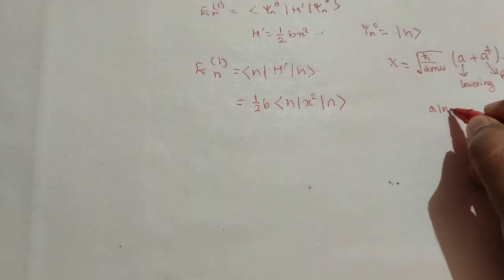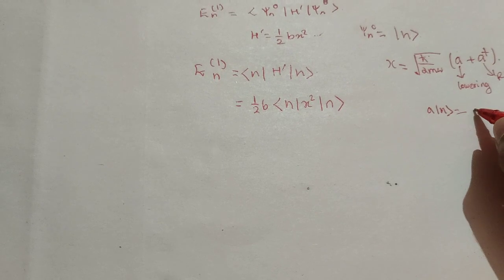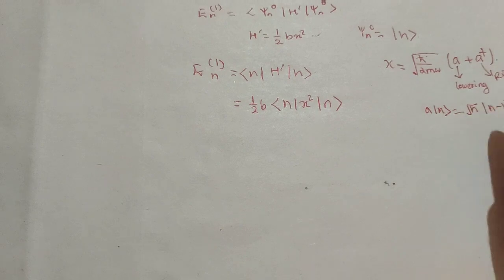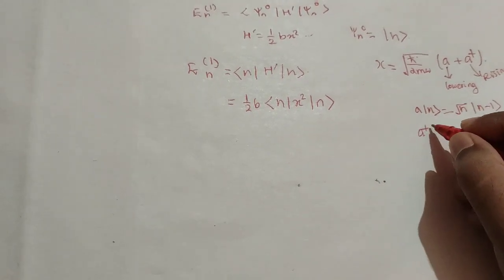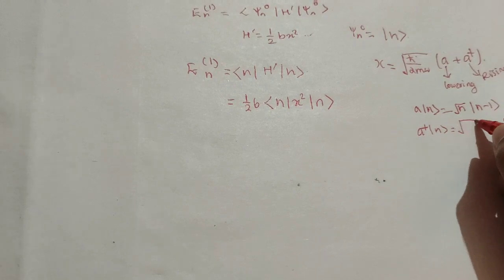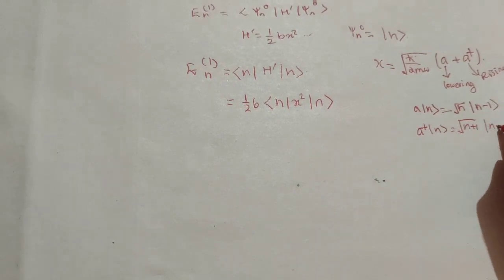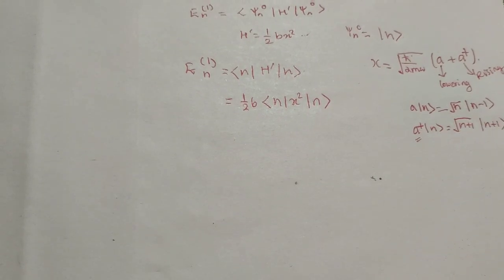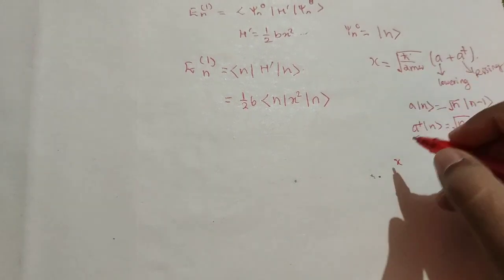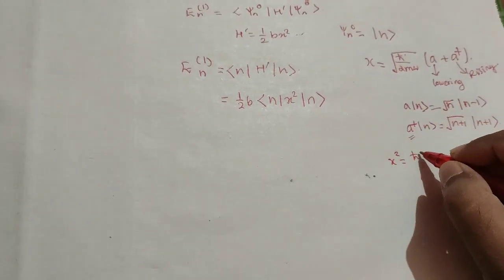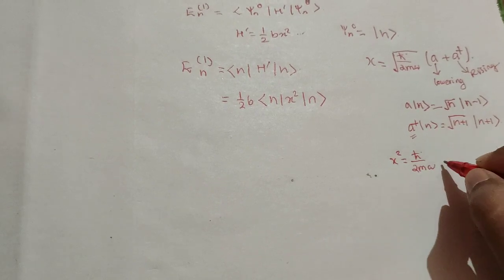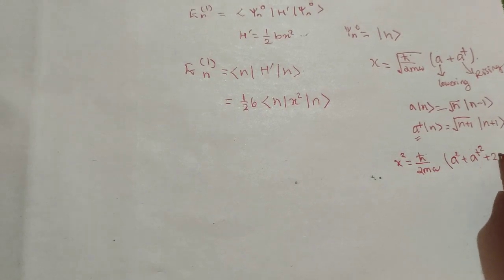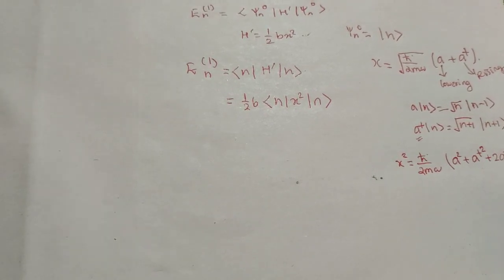Means a acts on ket n, we get root n ket n minus 1. So this is called the lowering operator. And a dagger acting on ket n gives root n plus 1 ket n plus 1. So this is called the raising operator. And x square is h bar by 2 m omega times (a square plus a dagger square plus 2 a dagger a plus 1).